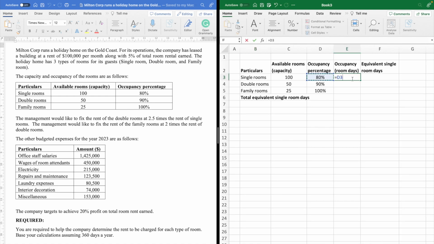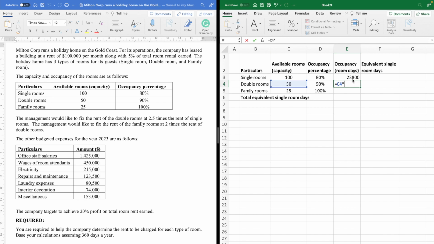So let us first determine the occupancy for each of the room categories. There are 100 single rooms, and we are told that single rooms are occupied 80% of the year. So it will be 100 times 80% times 360 days a year. Double rooms are occupied for 90% of the year.